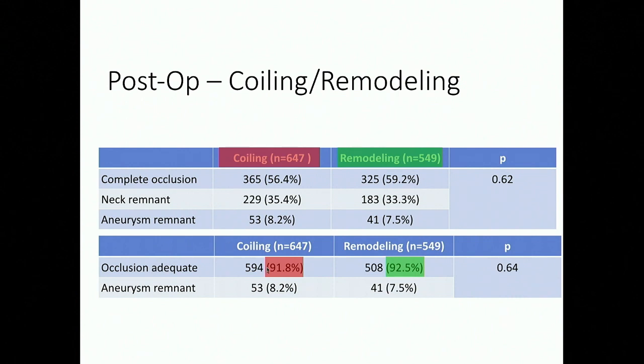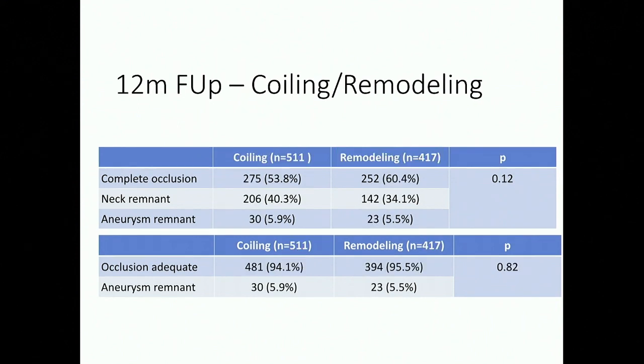So even with very ugly looking aneurysms, using the balloon remodeling technique allowed this result, which is stable over time. This is the 12 months angiographic follow-up, coiling 53% of complete occlusion, 60% in the remodeling technique, and 94% of adequate occlusion in both techniques, even with very large neck aneurysms.